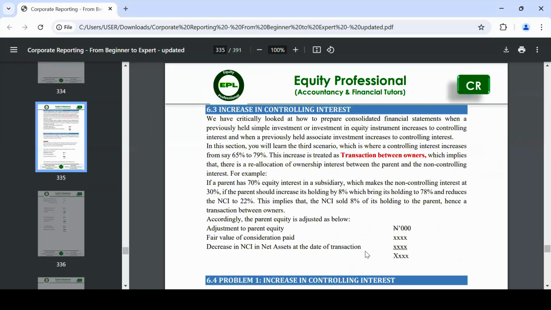They said we have critically looked at how to prepare consolidated financial statements when it is equity or investment in equity with significant influence or simple investment.